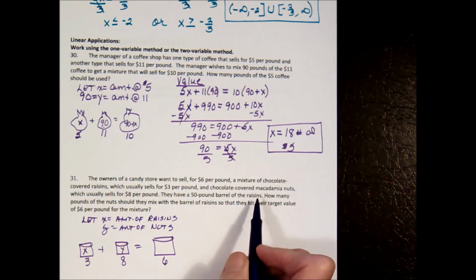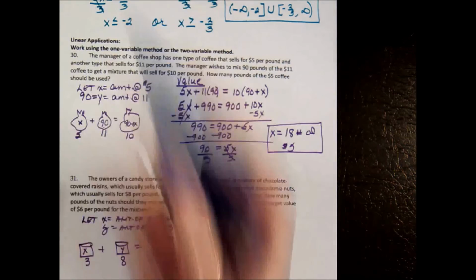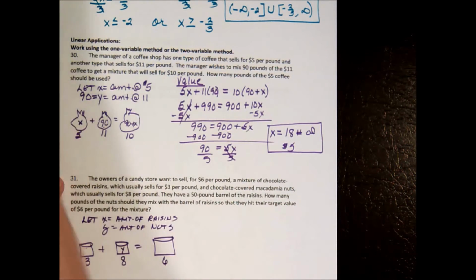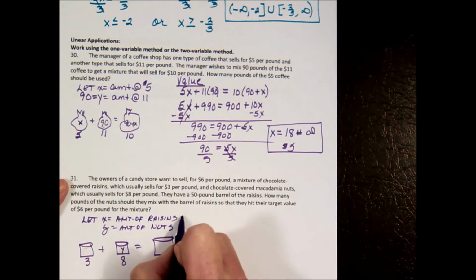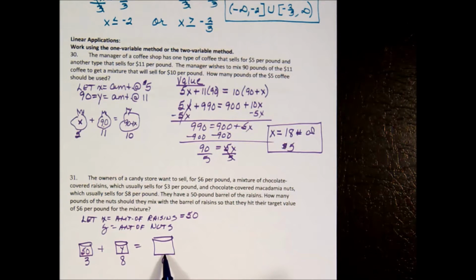I know that the raisins, which normally sell for $3 a pound, I know how much it is. So this is like the last one where I can take that X out because I know what it is. It's 50. And so the question is, how many pounds of the nuts do they need? So again, here in this total, I'm going to have the 50 plus Y.